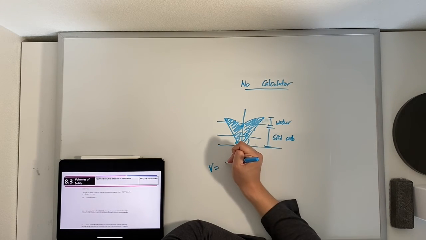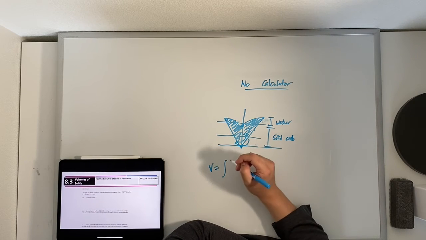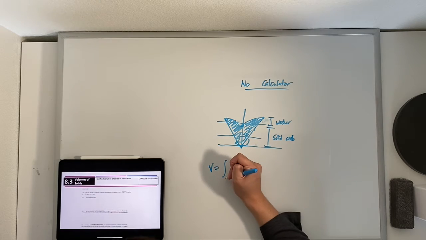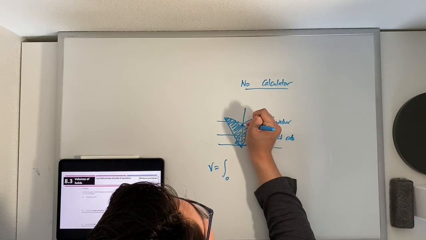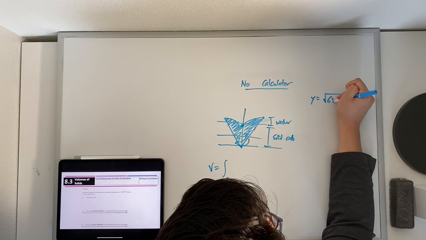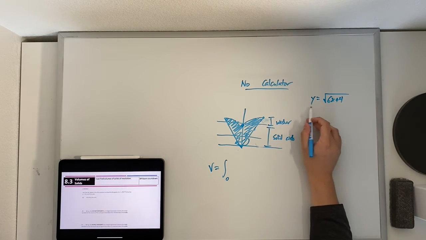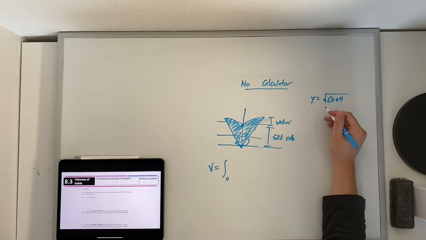For this bottom part, okay, we have the integral from, again, these are y values, we're integrating with respect to y. So this is the integral from 0 to, now we need to find this value here. Okay, we're solving this for when x equals 0. So if we plug in 0 for x, solve for y, we get y equals 2.